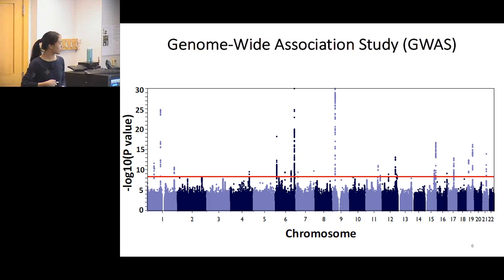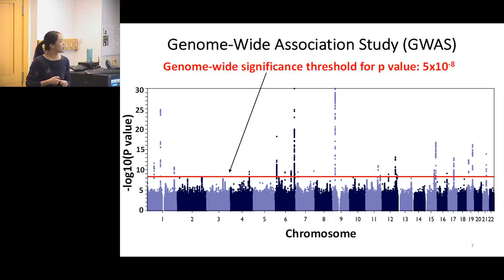The x-axis is their genome position from chromosome 1 to chromosome 22, and the y-axis represents the negative log 10 p-value for the association, which we got from the logistic regression model. So the higher the dot, the more significantly it is associated with the disease we're testing.